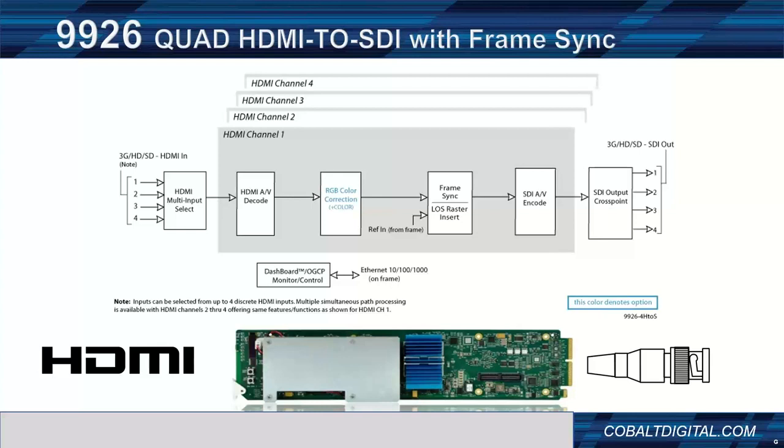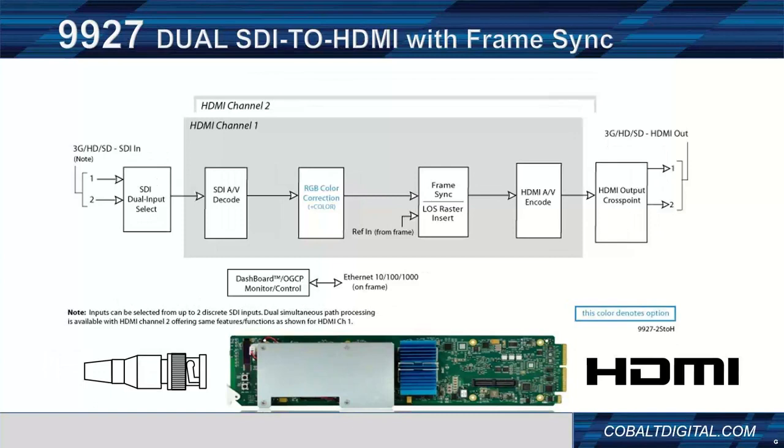If you were to have multiple cards in one frame, you're able to properly convert and also color correct with frame sync many channels in a one 2RU frame size. So again, this is a very new and exciting product for us because it adds a certain flexibility that some of the competition today does not offer. Next slide.